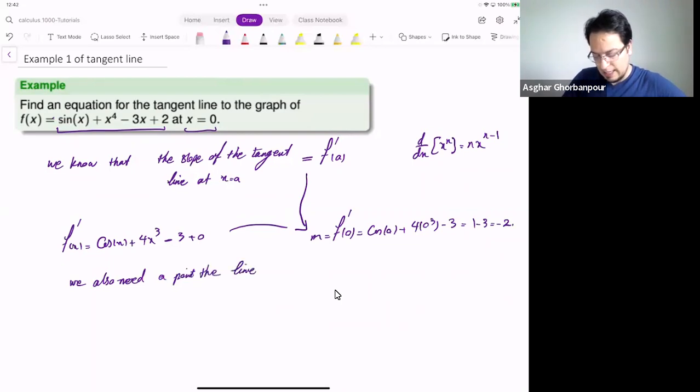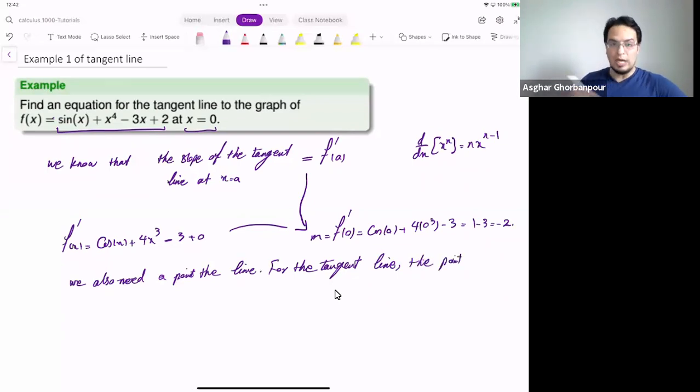For the tangent line, the tangent point, the point at which our line is going to be tangent to the graph, is the best choice. So I just need to take the tangent point 0, f at 0.